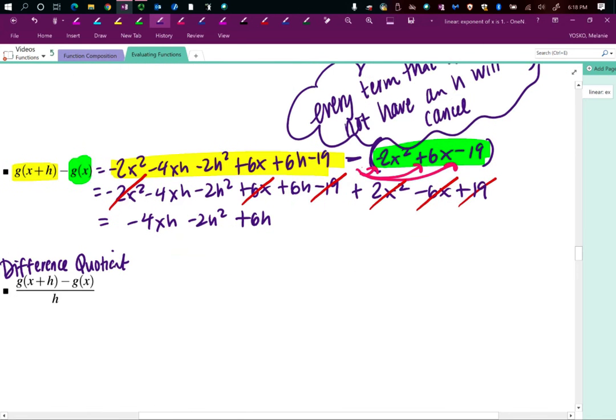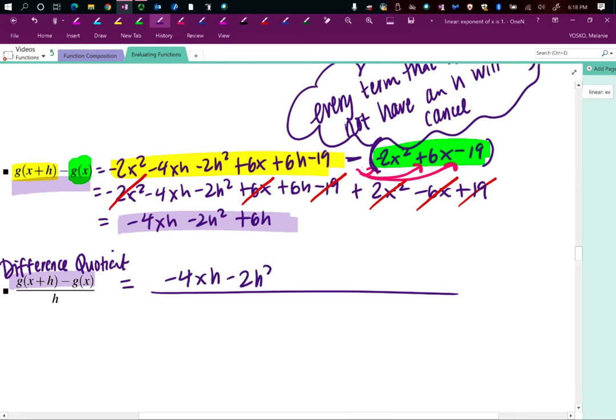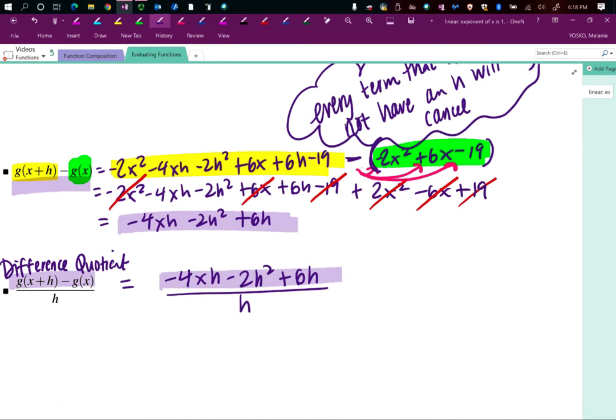Okay, now we're going to put this together for the difference quotient. So the numerator is everything we just found. So this is this right here. You can simplify it and do it again if you want to, but I'm just going to rewrite the result we got from the previous step and divide by h. Now, a few minutes ago I said that every single term that did not have an h in it would cancel.